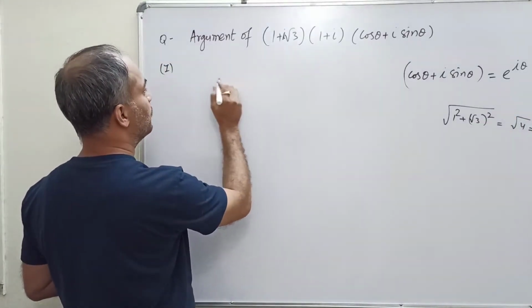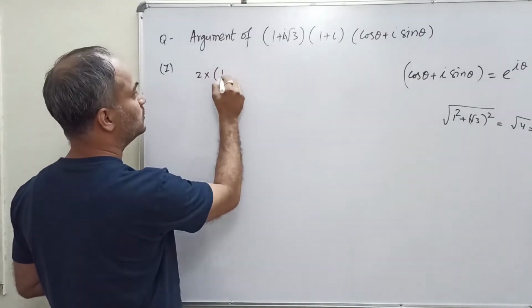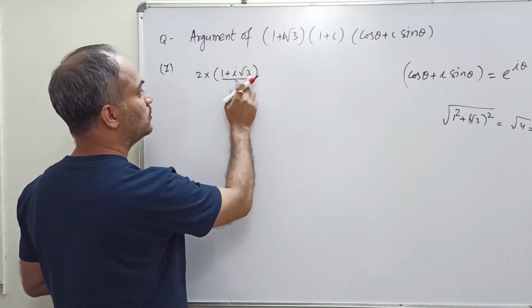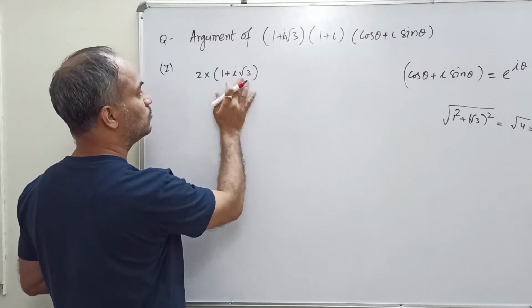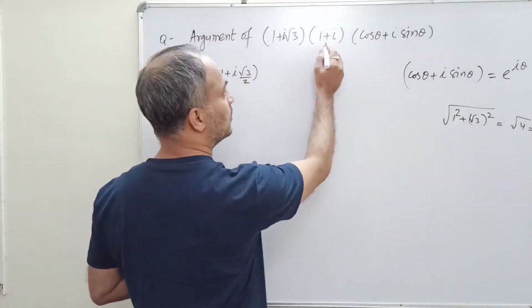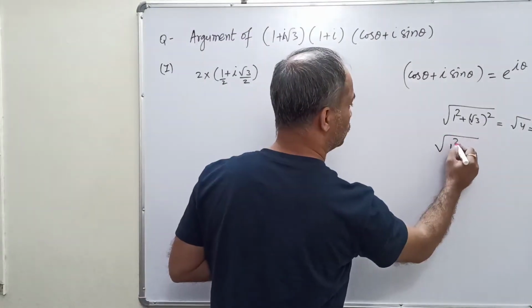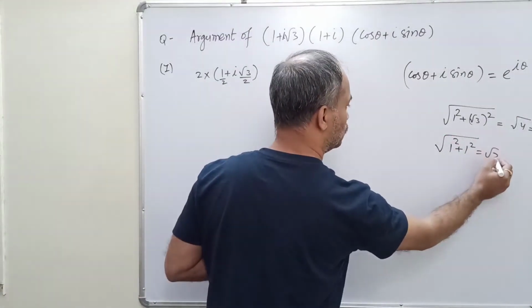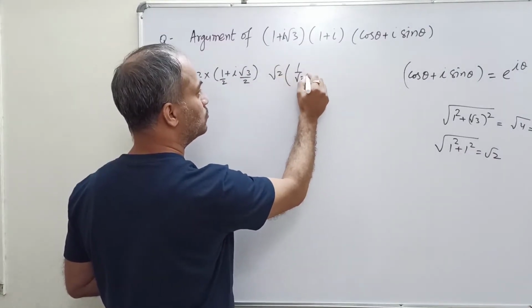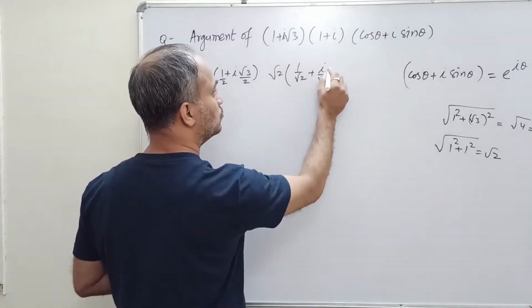So we multiply and divide by 2. On dividing by 2 we get 1 upon 2 and root 3 by 2. Same here, root of 1 square plus 1 square gives us root 2. So multiplying and dividing by root 2 we get 1 by root 2 and i upon root 2.